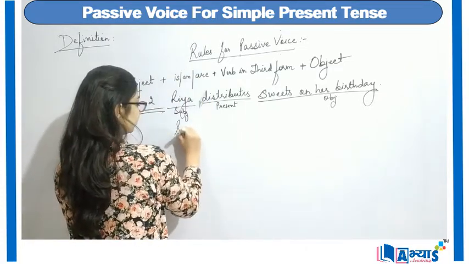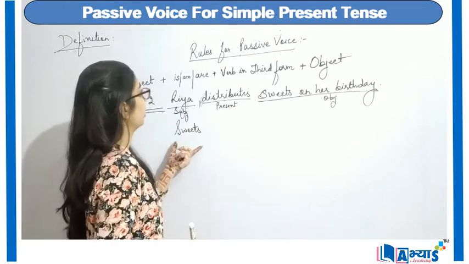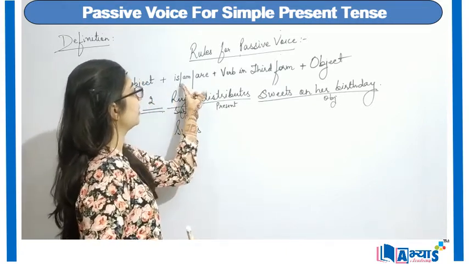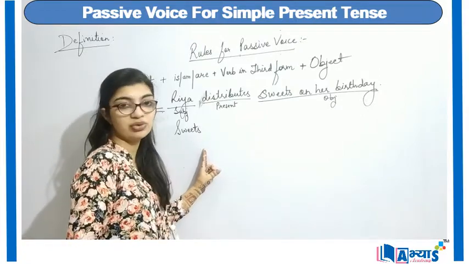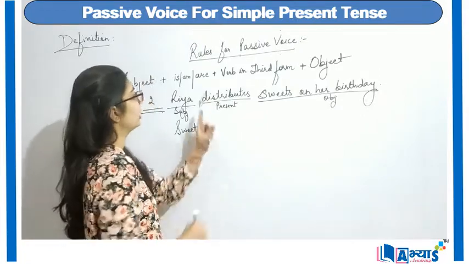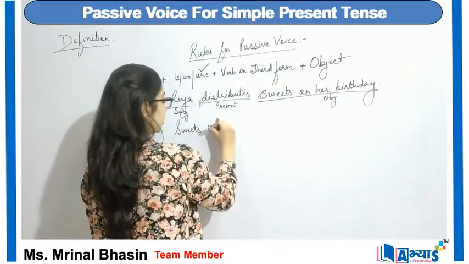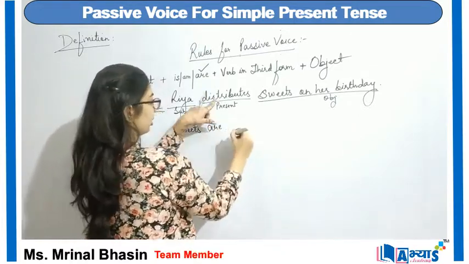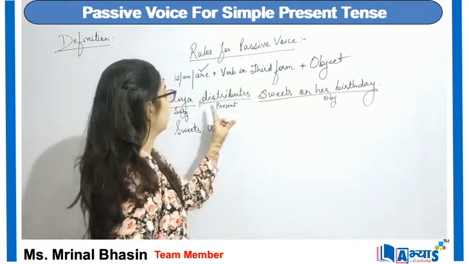Sweets becomes my subject. Now I have to make use of is, am or are. Since sweets is plural, I will be making use of are. So sweets are. Next is the verb in third form.